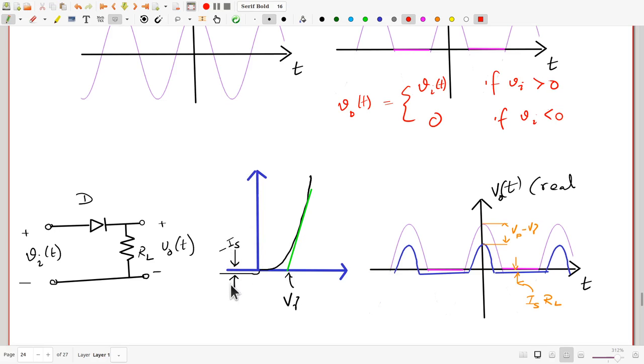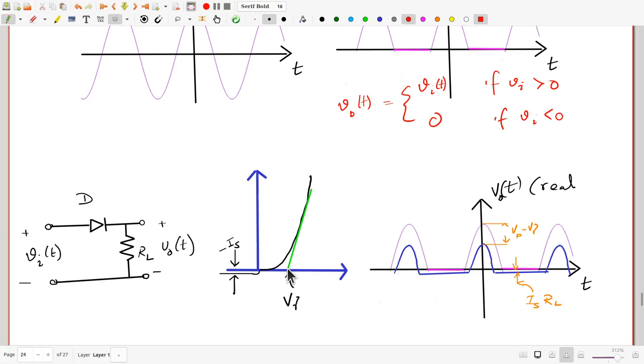So there is a minus IS, the negative value for the reverse saturation current, in the reverse direction, and you can approximate the behavior of the diode in the forward direction by saying that there will be some voltage drop V gamma across it, and V gamma typically is of the order of 0.6 to 0.7 volts, depending on the kind of material your diode is made of.